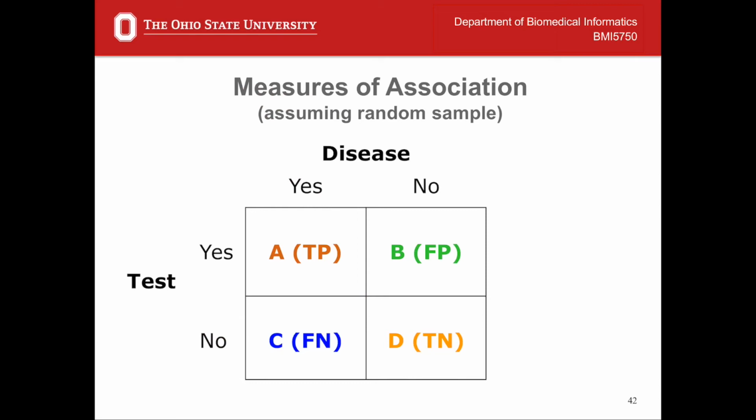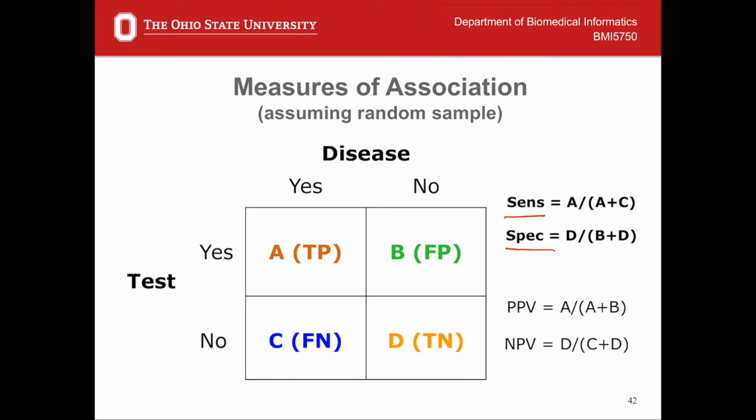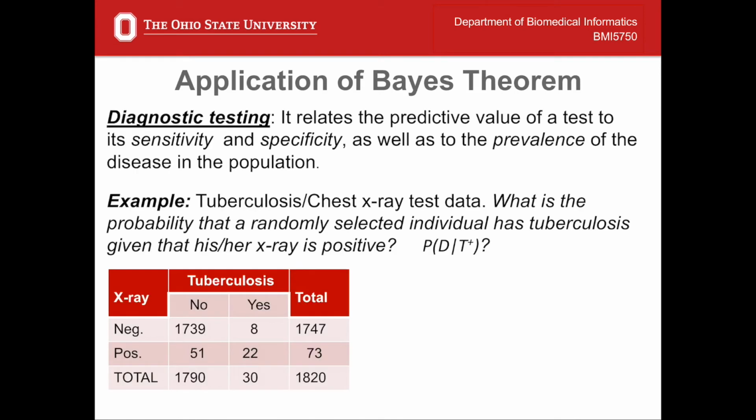Assuming a random sample, when we have disease condition yes or no, and test result positive or negative, we calculate these four values, TP, FP, FN, TN, and use them to calculate sensitivity, specificity, and also predictive values. We use these as measures of the association between disease and test results.